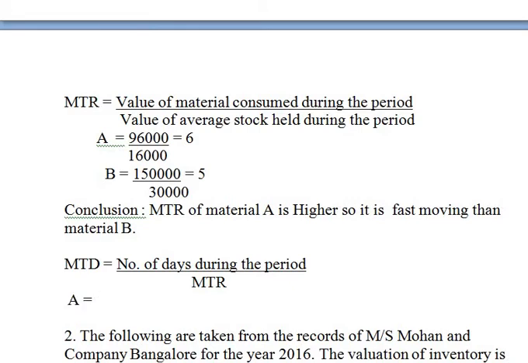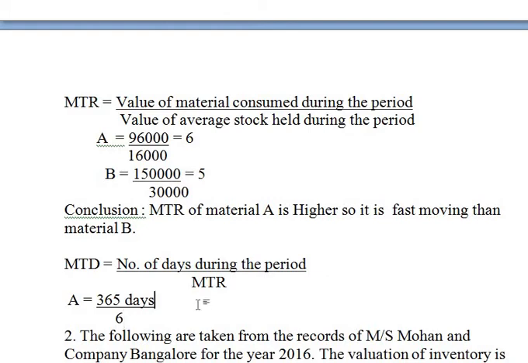So number of days during the period. Now in a year how many days we need to check. For material A that is 365 days divided by the material turnover ratio for A. Material turnover ratio for A is how much? 6.